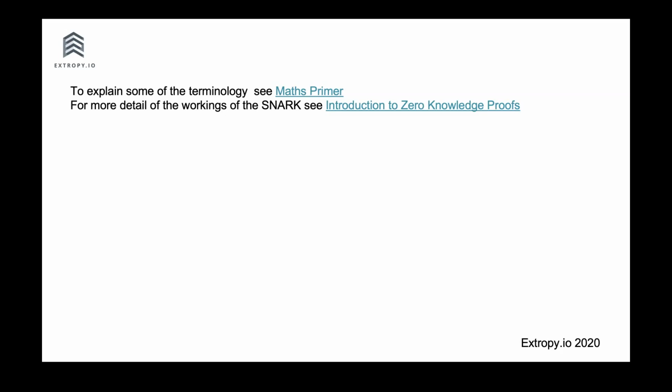There's also a maths primer, because a lot of the terminology involved with zero knowledge proofs is new to people. I don't think it's necessarily that much more difficult than any other area of maths, but it's an area that people generally won't have come across unless they have done, say, undergraduate maths. So if you're interested, there's a maths primer just to introduce some of the ideas around things like group theory and complexity theory.